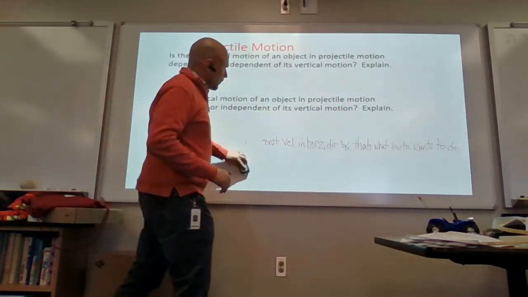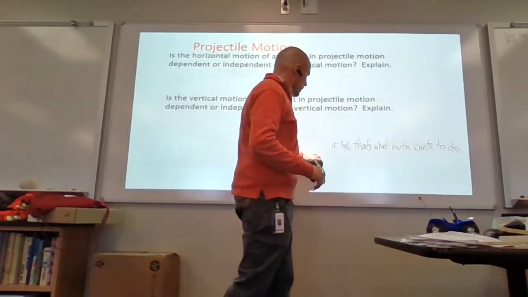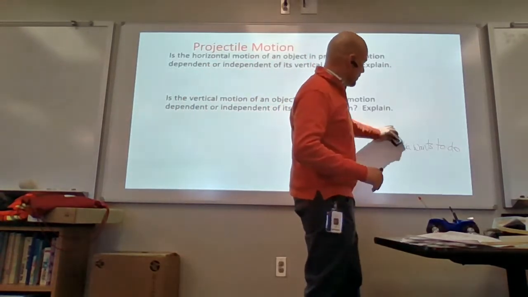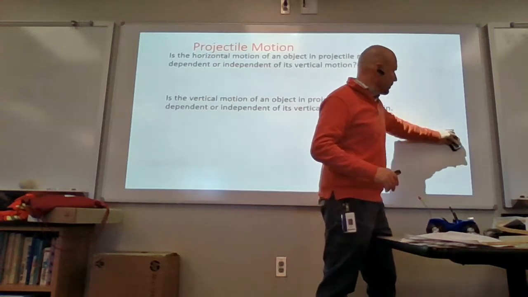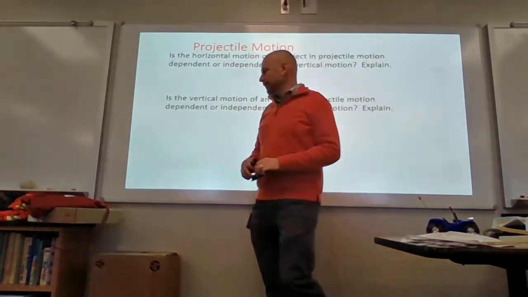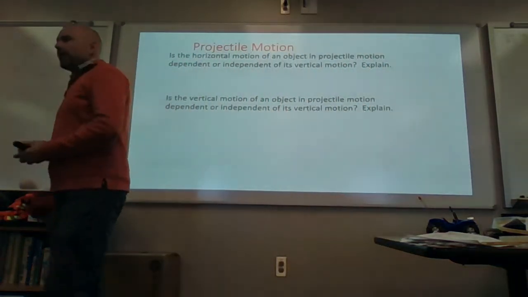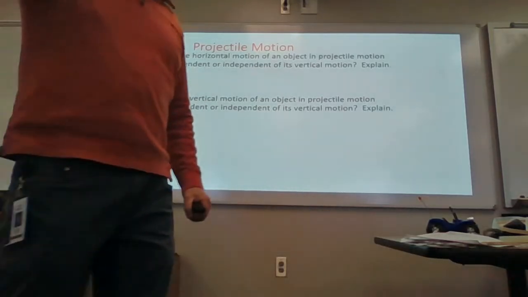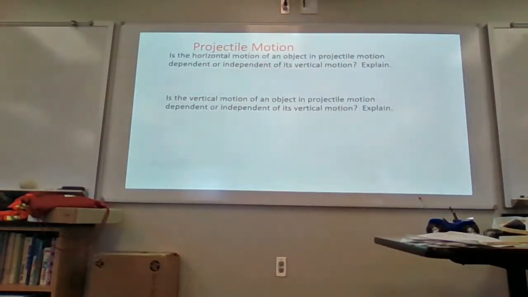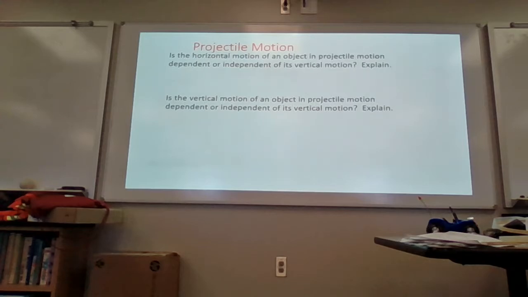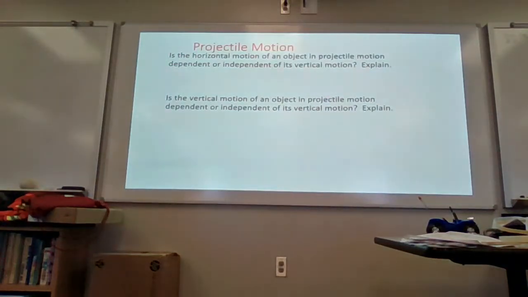Motion and forces in the vertical direction are independent of forces and motion in the horizontal direction as well. They cannot affect each other. They're completely independent of each other.